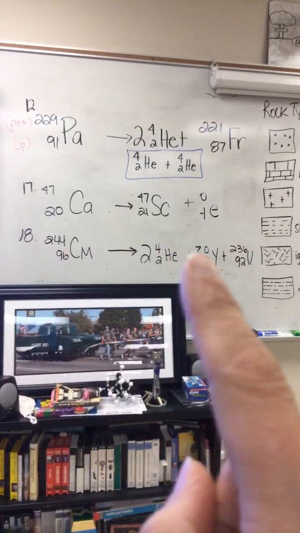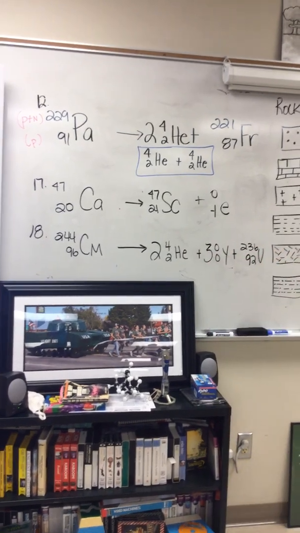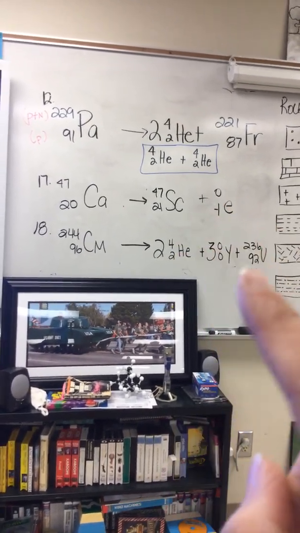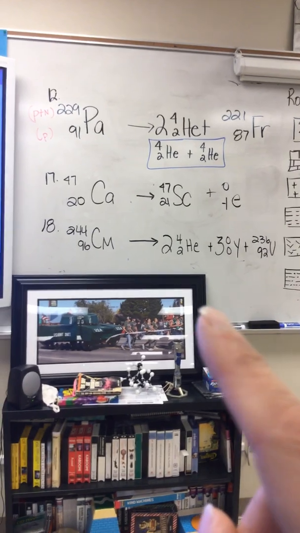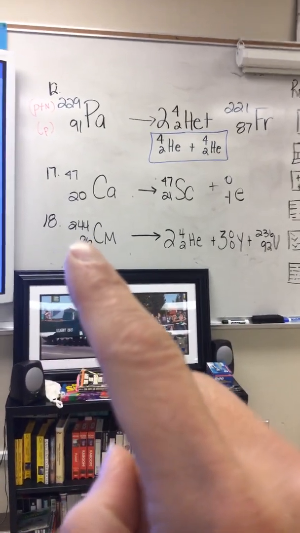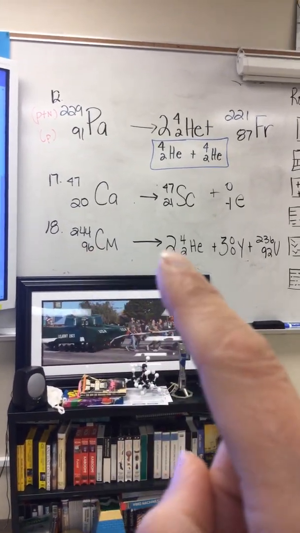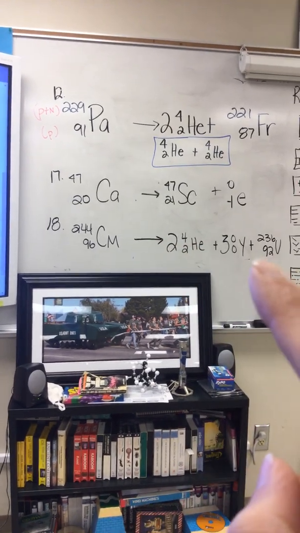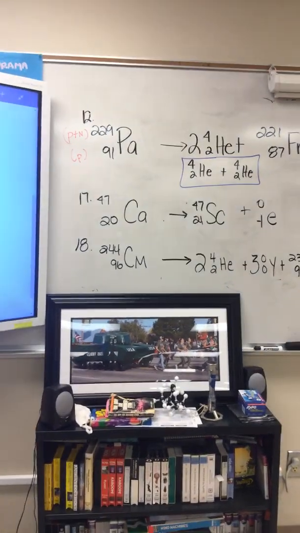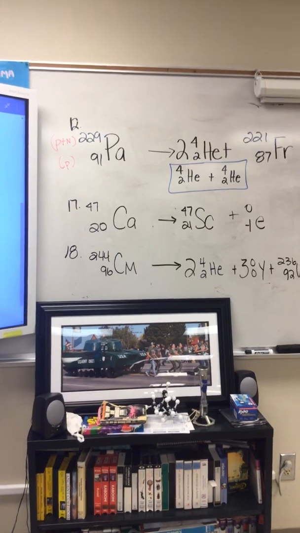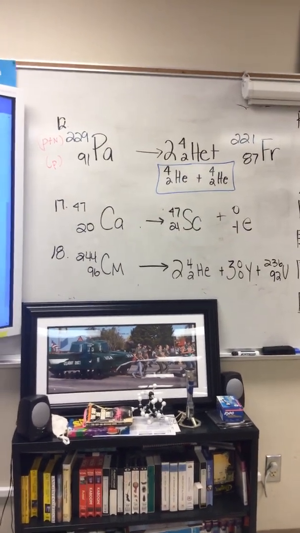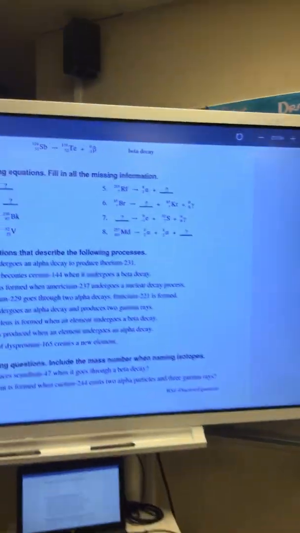So 244 minus 8 is 236. We have to do nothing with the gammas because 3 times 0 is 0. 96 is what we started with for atomic number. 96 minus 4 is 92. That's uranium. So there's a really quick lesson on how to do your homework.